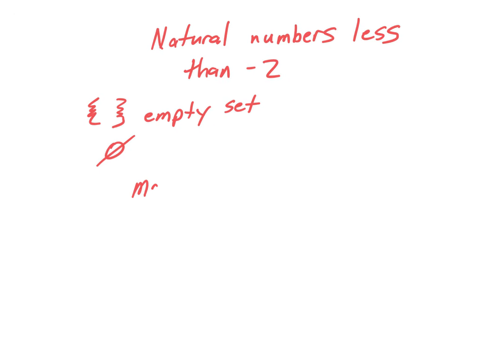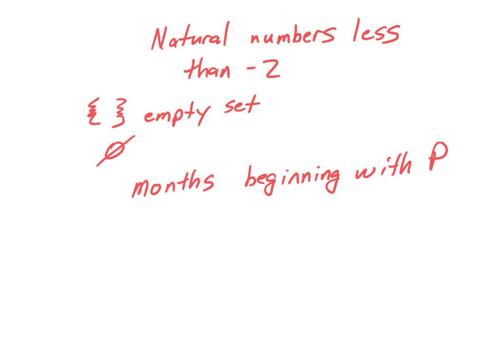If I said months beginning with the letter P. So if I said, what months do we have that start with the letter P? We could go through all 12 months and we would find out that nothing fits it, right? And so that would be another example of an empty set. Okay, there isn't anything that fits that.